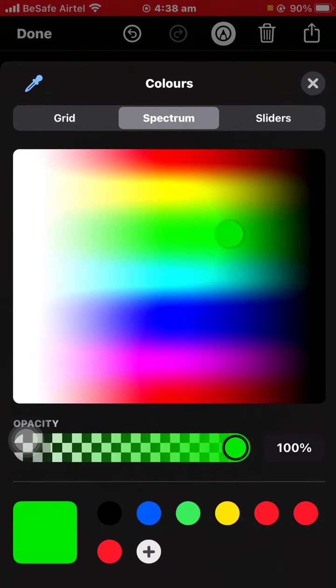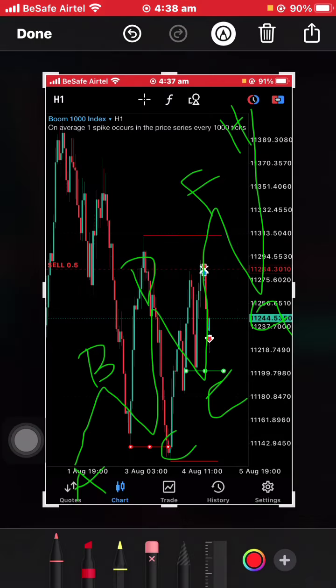The market moves from point A to point B, and from point B it comes down to point C. From point C it goes to point D and point E, then point F, point G, and point H.